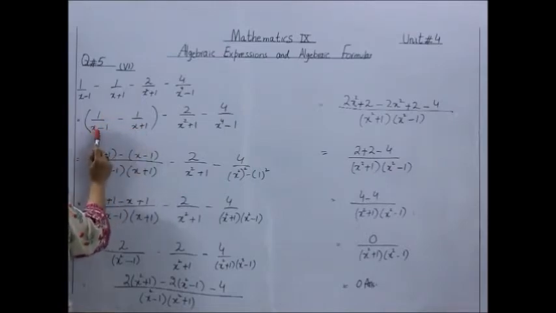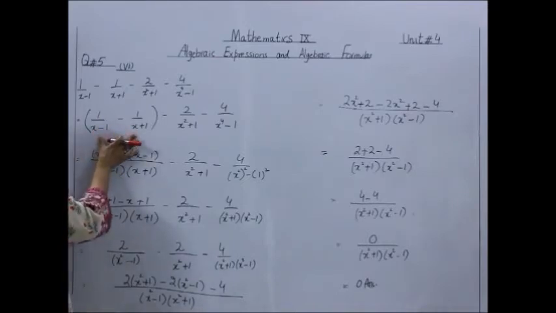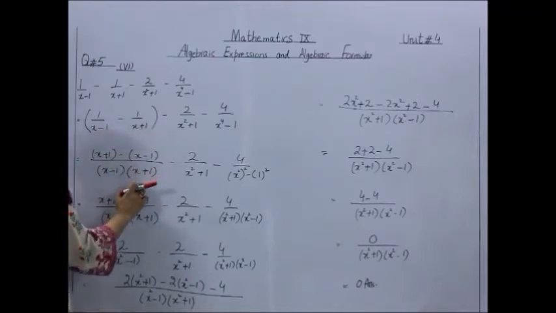By taking LCM of these 2, we have to see LCM is common factors multiplied by uncommon factors. See, there is no common factor in this term. Both are uncommon factors, so we will write x minus 1, x plus 1.